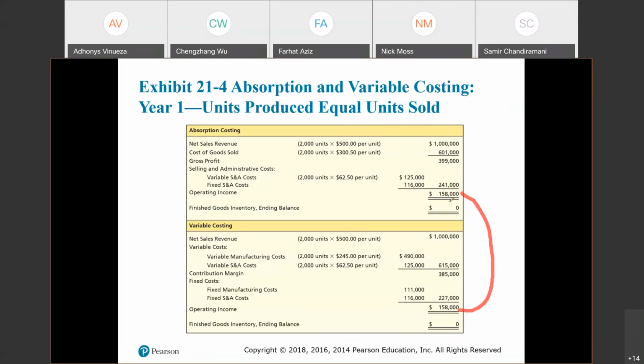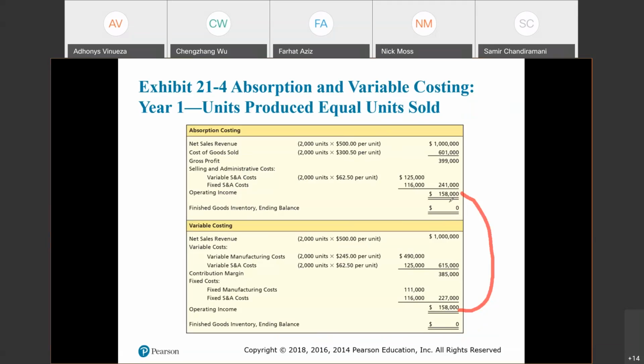First, we use the sales revenue minus the variable cost part, which includes variable manufacturing cost plus variable selling and administrative cost. For manufacturing cost, it should be $245,000 per unit.